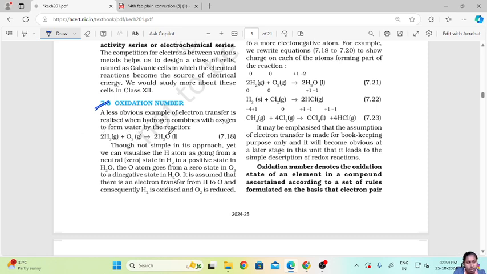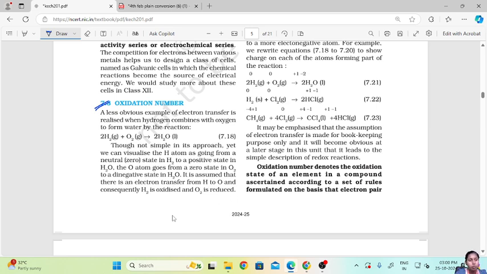So when they are converted to water molecule, hydrogen from a neutral 0 state goes to a positive state, whereas oxygen from its 0 state in O2 goes to a di-negative state in the water molecule. Now it is assumed that there is an electron transfer from hydrogen to oxygen and consequently H2 is oxidized and O2 is reduced.